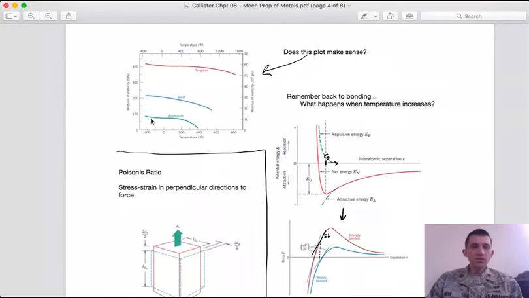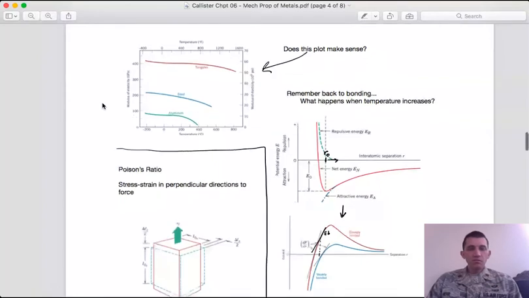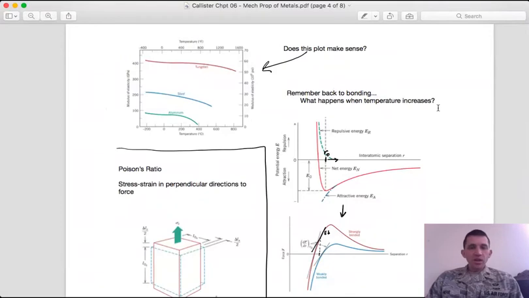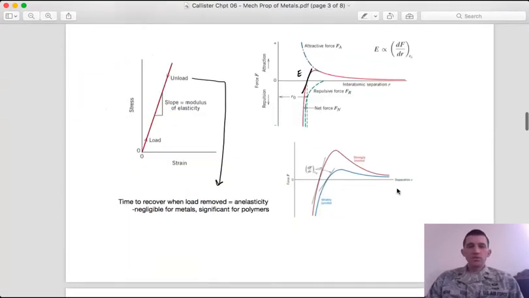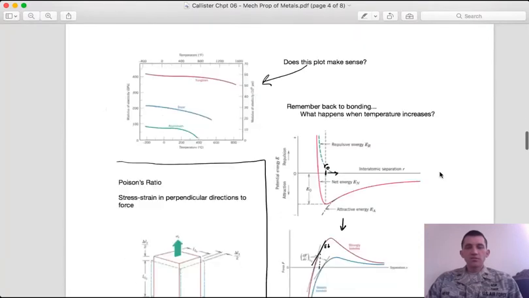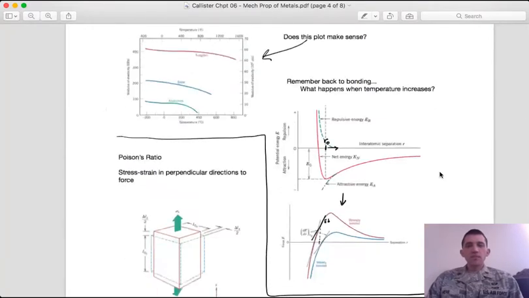So for instance here we see that for steel, from say liquid nitrogen temperatures up to a couple hundred C, we might see a decrease maybe by a third in the Young's modulus, which is significant but not outrageous. And so if we think back to our bonding picture, these ideas with the repulsive and attractive forces and these force curves, does this plot of temperature dependence make sense?